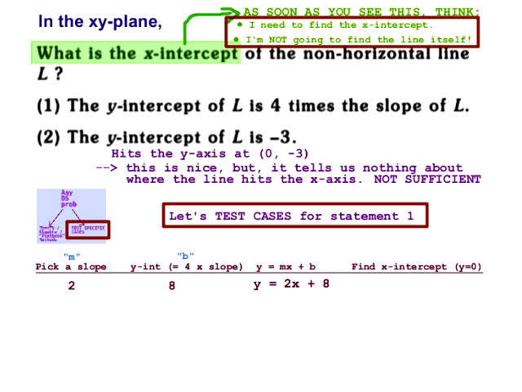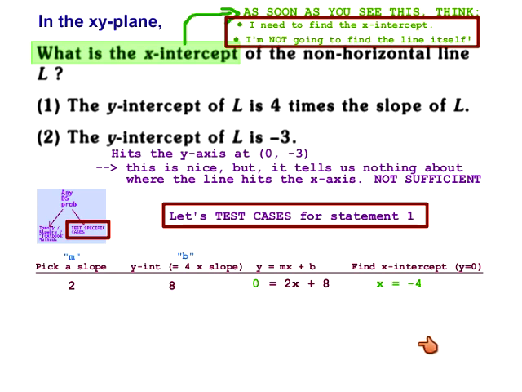And again, to find the x-intercept, what you have to do is set the y-coordinate equal to 0. So you can just plug 0 into that equation for y, and then solve. So 0, and then that means that x would be -4. So the x-intercept is -4. Okay, just try with a couple more.